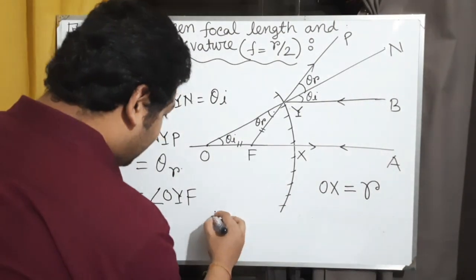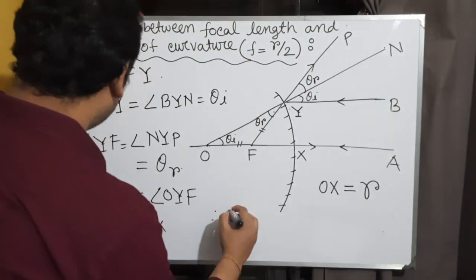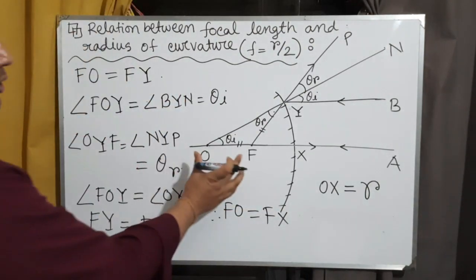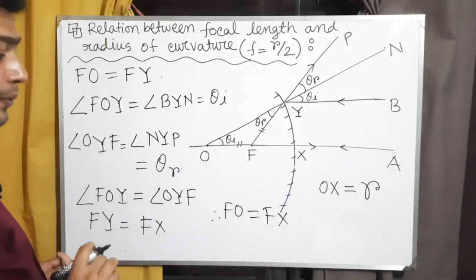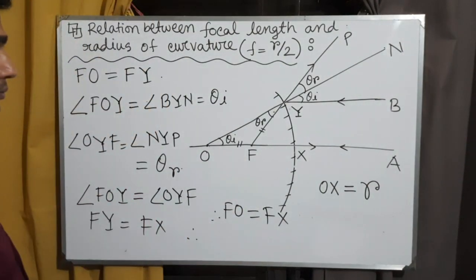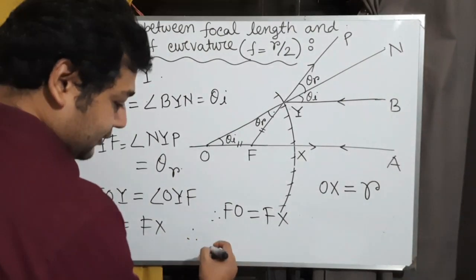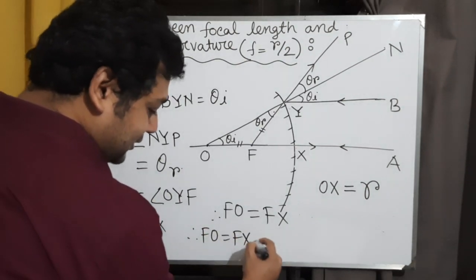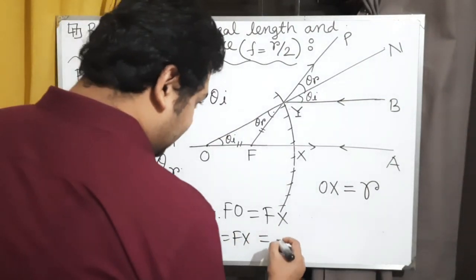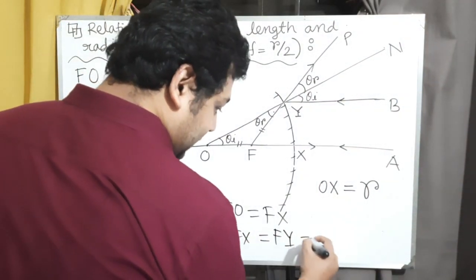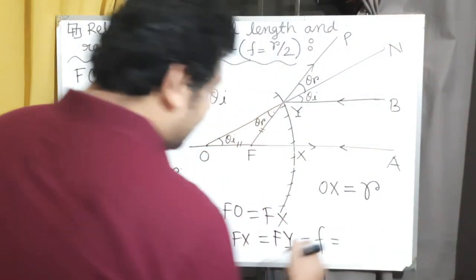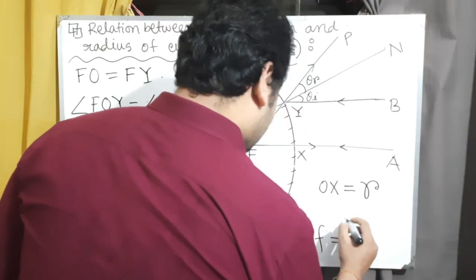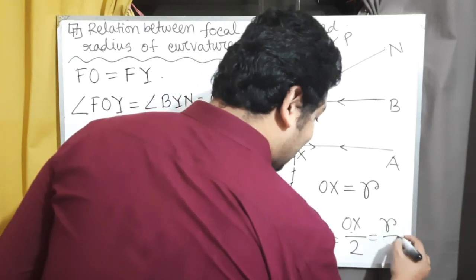So we can write FO equal to FX. This portion and this portion are equal, so we can write FO equal to FX equal to FY equal to F, and we can write OX by 2 equal to R by 2.